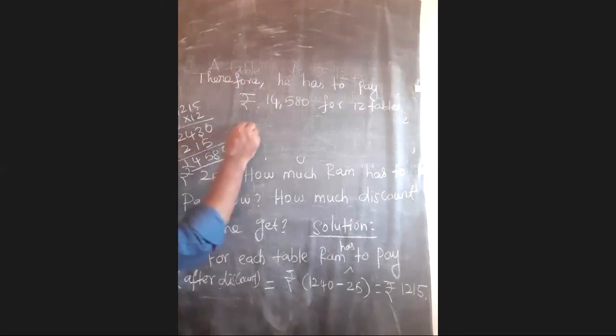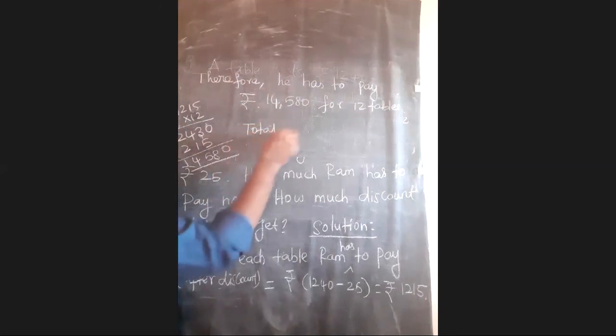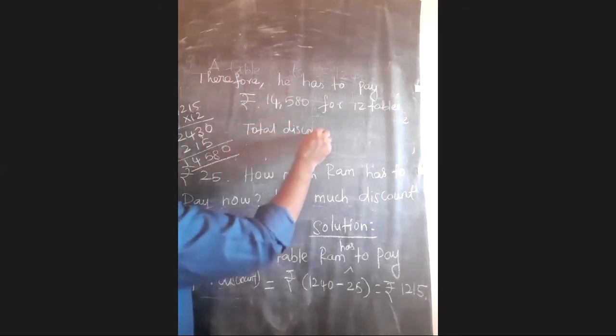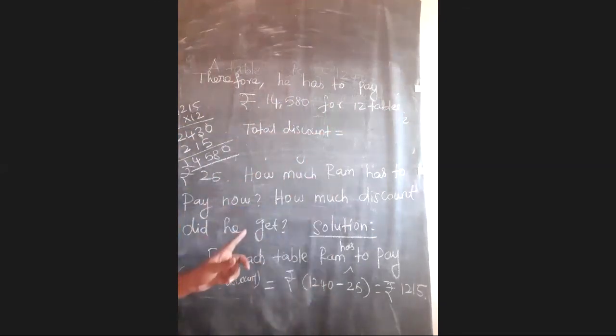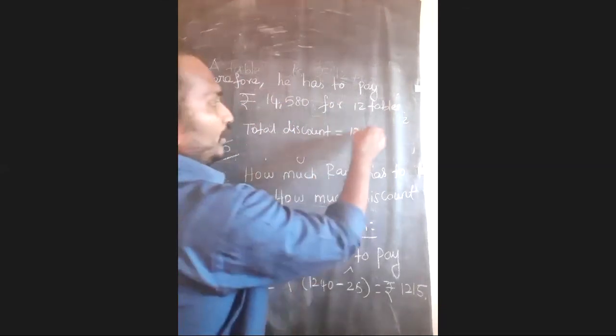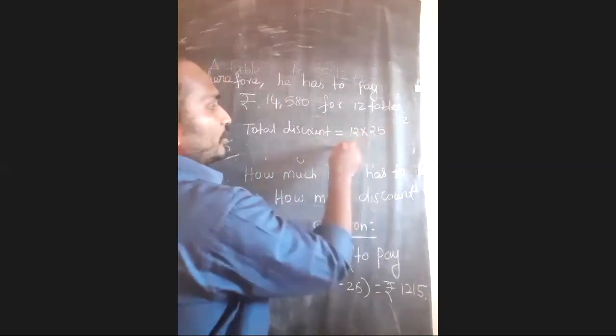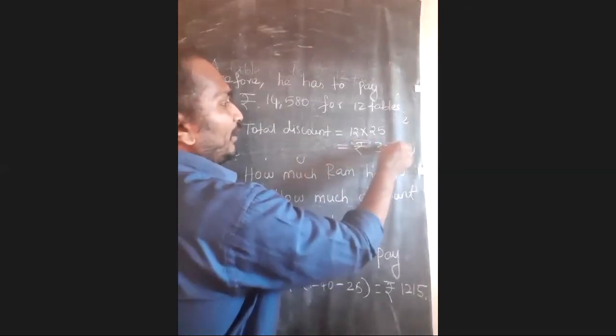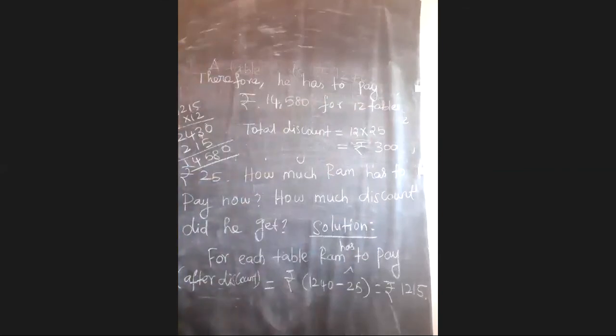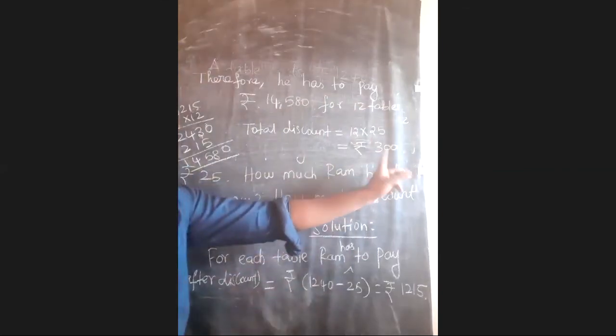Okay, what is the total discount he got? For one table he has got 25 rupees discount. Then 12 into 25 is rupees 300.